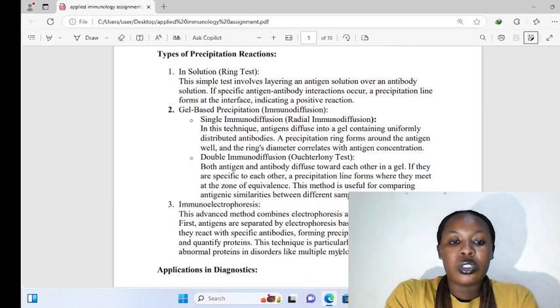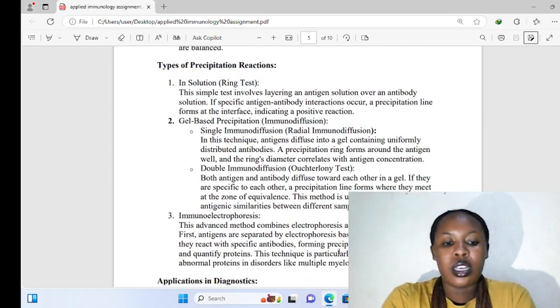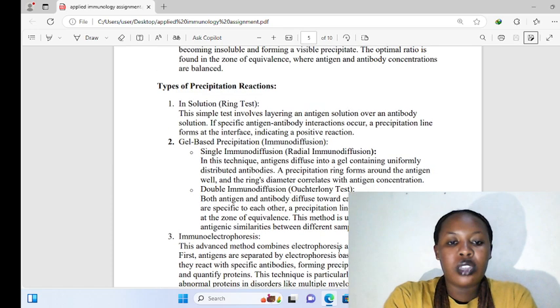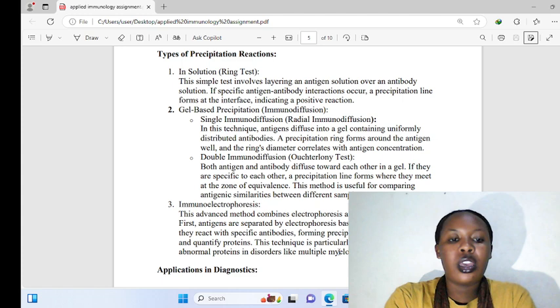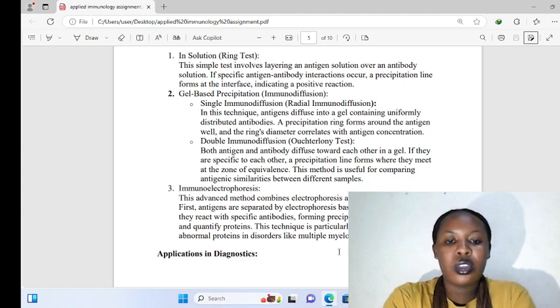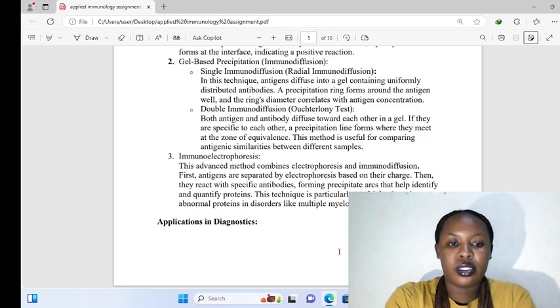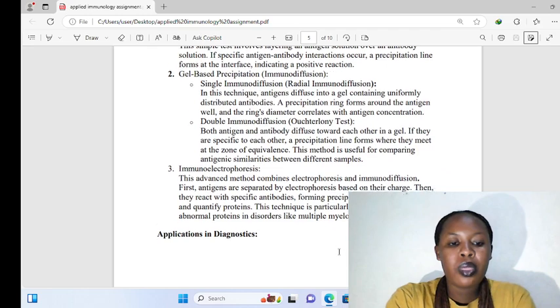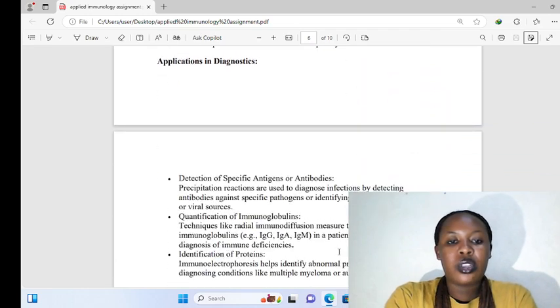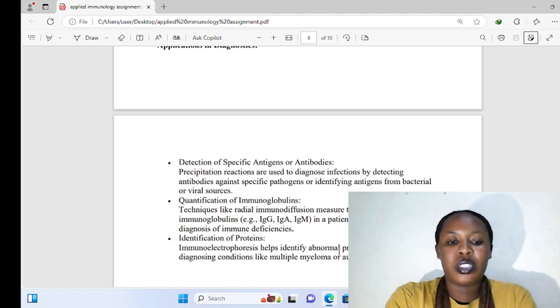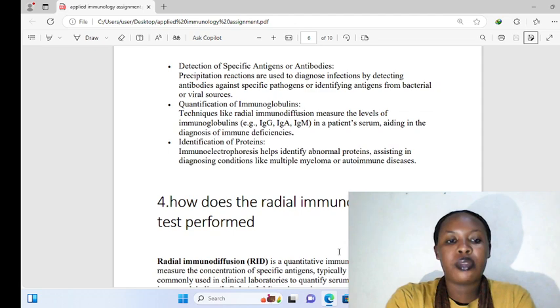This precipitation reaction has three types: precipitation in solution, gel-based precipitation or immunodiffusion, and immunoelectrophoresis. Application in diagnostics, where we apply precipitation reaction: detection of specific antigen or antibody.